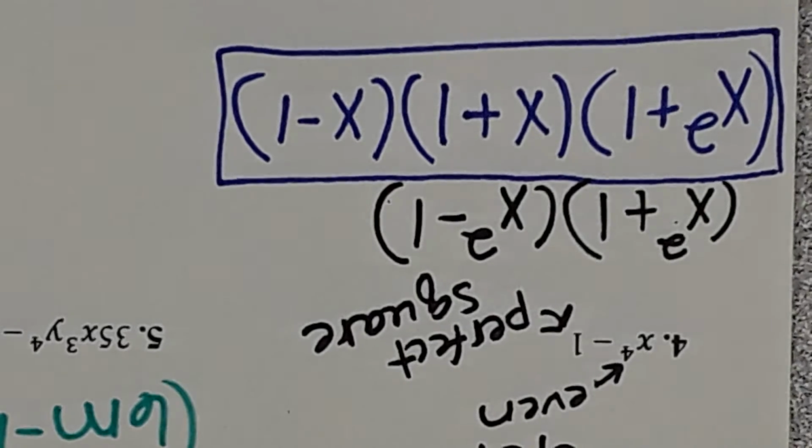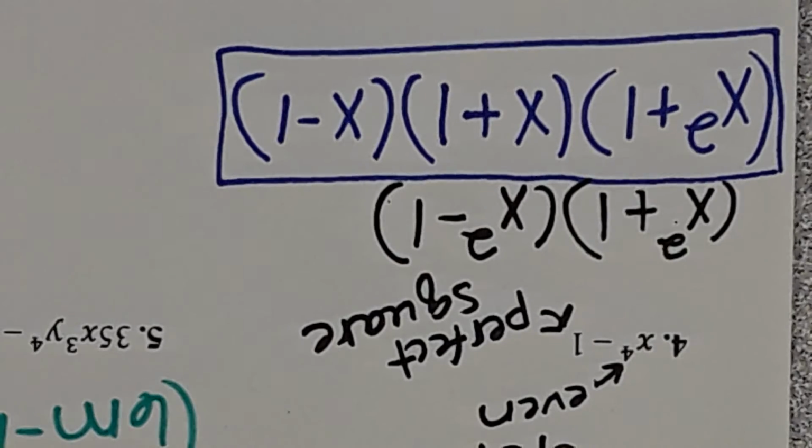So first thing, do they have anything in common? Then if you see only 2 terms, you have to determine, is it a difference of squares? Those are really important things that you need to notice. So what questions do you have?